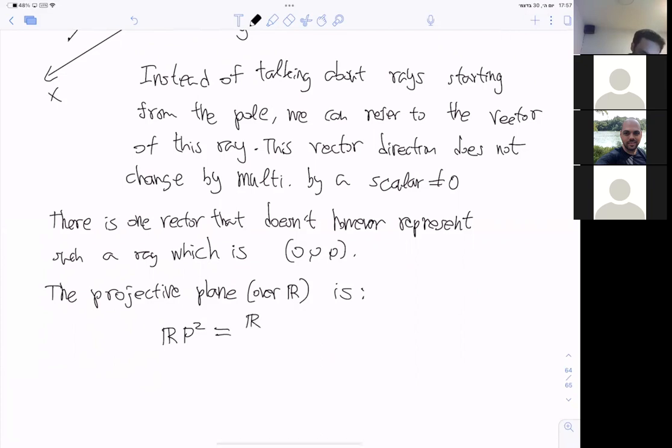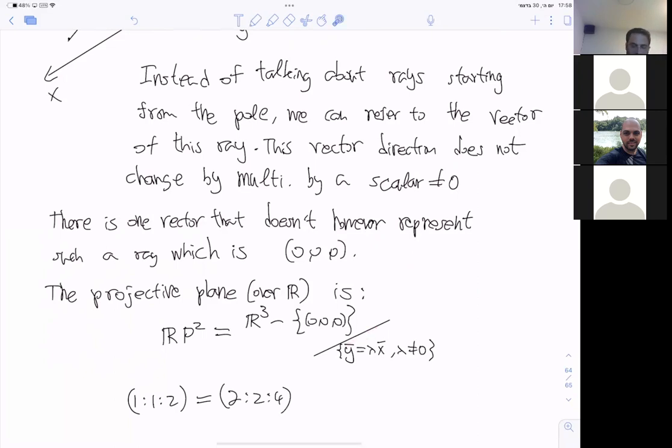RP2 is actually taking all three-dimensional vectors, you remove the 0, which is not a vector with a direction, and you divide modulo scalar multiples.